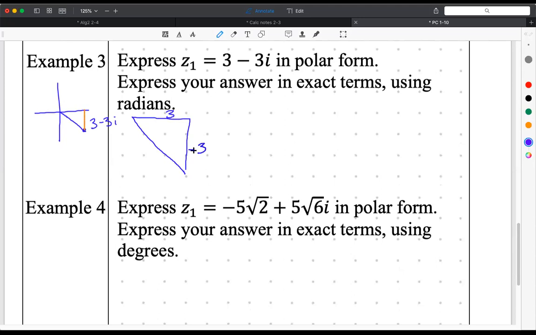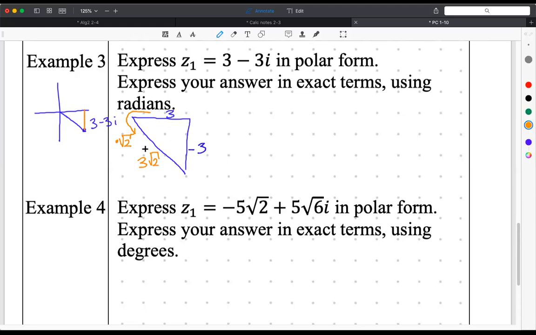It's a 45, 45, 90 triangle, which means I can move from either leg to the hypotenuse. I'll randomly choose this top leg and multiply by the square root of 2 to get 3 square root of 2. We now have the modulus. Again, you have to have 2 components: the angle, the argument, and the length, the modulus. We've figured out one of them.